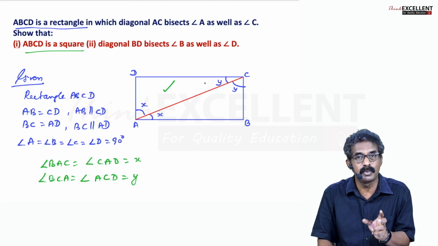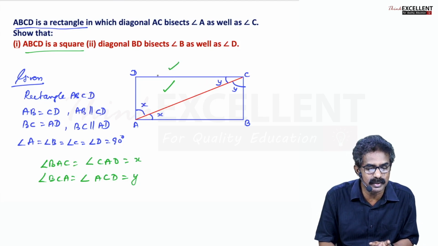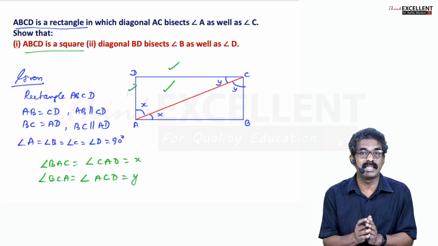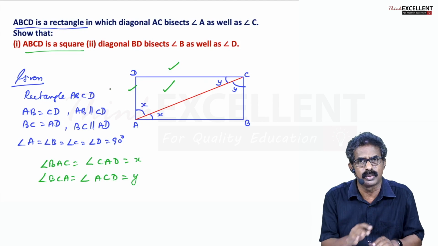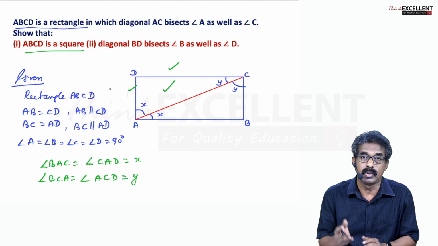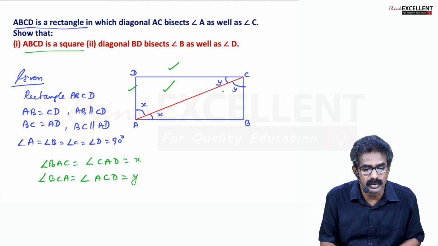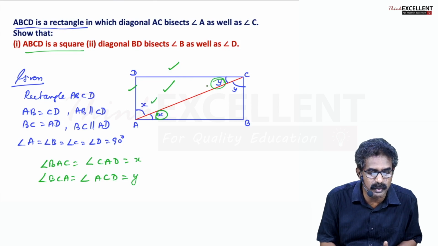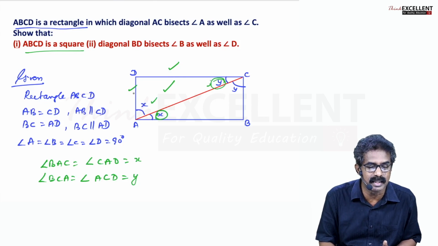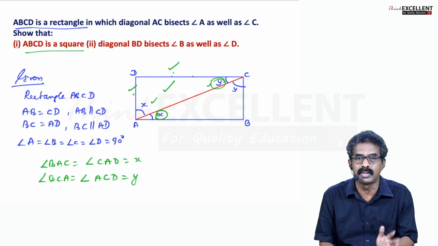If we are able to prove X equals Y, then the two sides are equal. So it is enough to prove X equals Y. That's very simple. It is a rectangle, so opposite sides are parallel. You can see a transversal, so this angle and this angle are equal, that is X equals Y. In a triangle, if two angles are equal, the two sides are equal. AD equals CD.